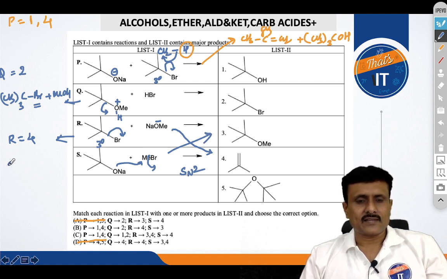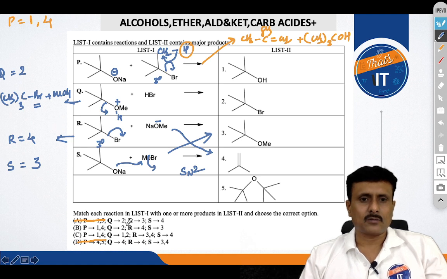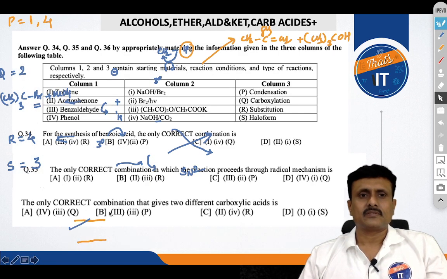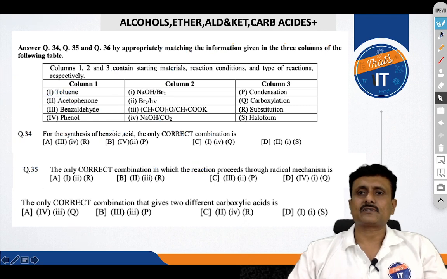So S is matching with option 3. So P is 1 comma 4, Q is 2, R is 4, S is 3. So the right option for this question is option B, isn't it? Now let's see the next question.